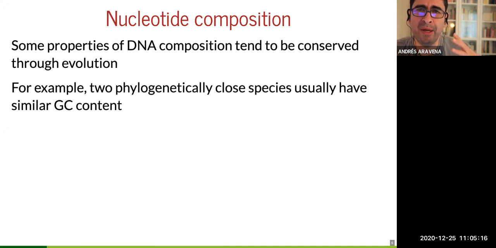And as time passes and your descendants keep growing, they will start to diverge, but the less you diverge, the closer you are, and the more similar you end up being. So in fact, historically, the first tool that people used here was GC content. You essentially say, okay, if two organisms have the same GC content, then they are probably the same or very similar. Okay, that was the initial philosophy.